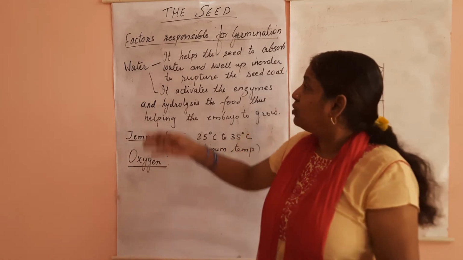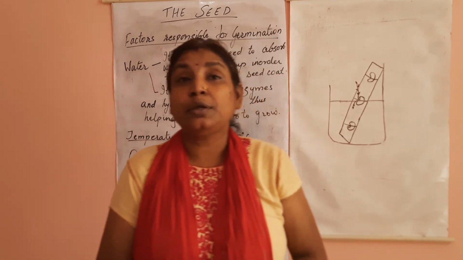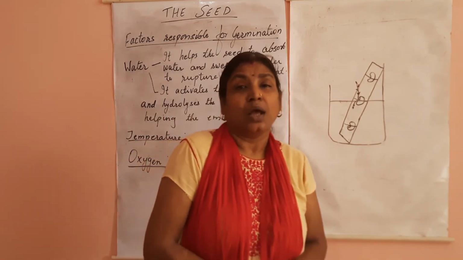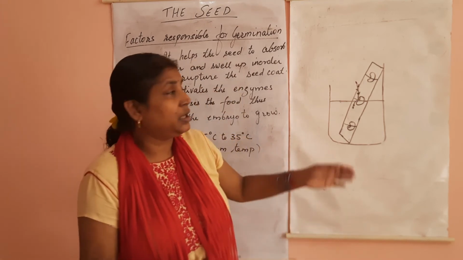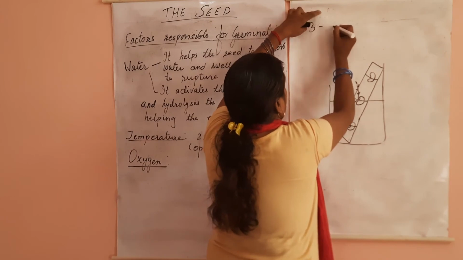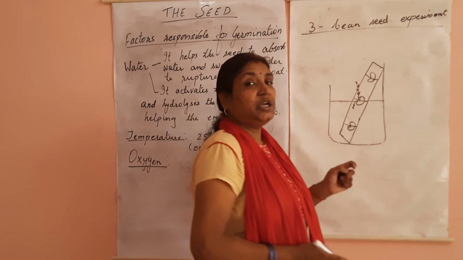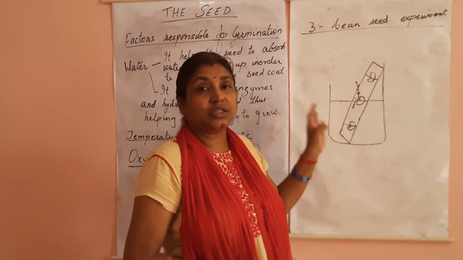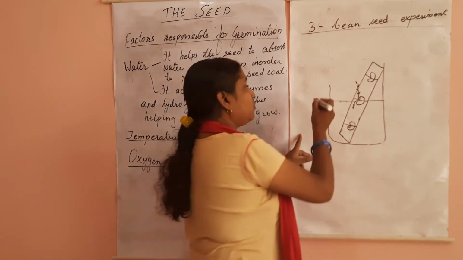Now, how do we know that water, temperature and oxygen are the main requirements for seed germination? There are many experiments available, and one of the most important ones is the three-bean seed experiment. In this experiment, we take a beaker filled with water.